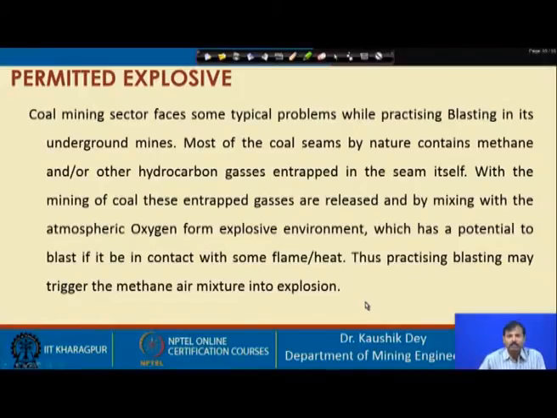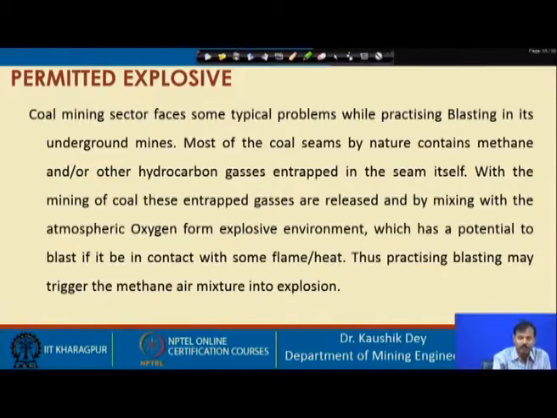Next, we should understand something about the next two tests, which are essentially required for the explosive environment. In this context, let us have some knowledge about the explosive. Special explosives are required for carrying out blasting in an explosive environment.